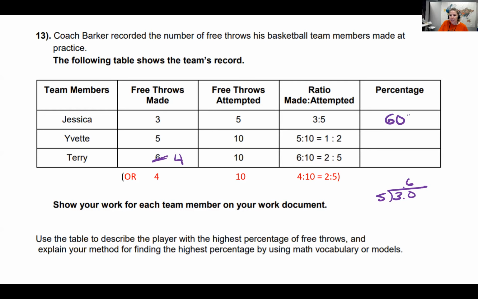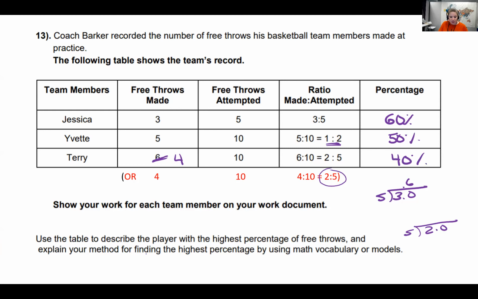So Jessica made her free throws 60% of the time. Yvette made her free throws 1 out of 2, or 50% of the time. And then Terry made 4 out of 10. So 2 divided by 5 would be 0.4, which is 40% of the time.